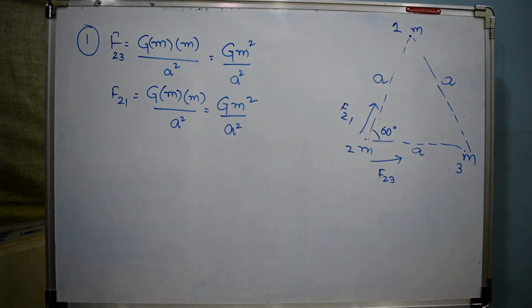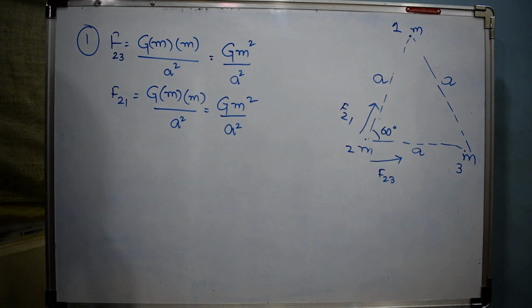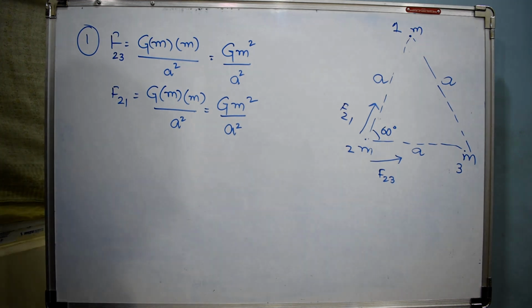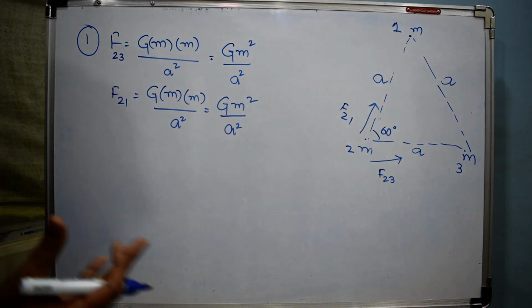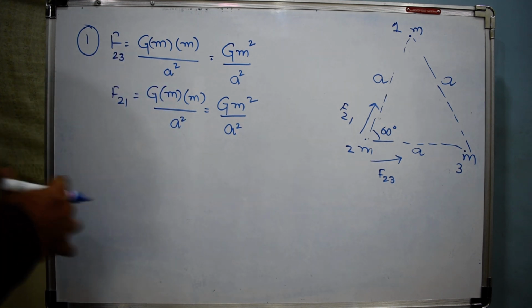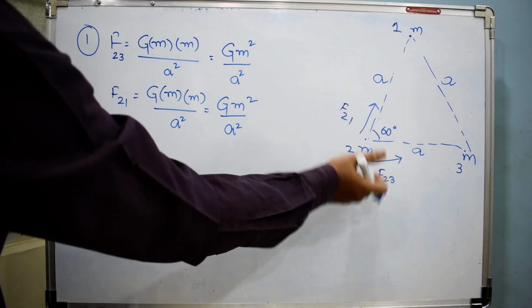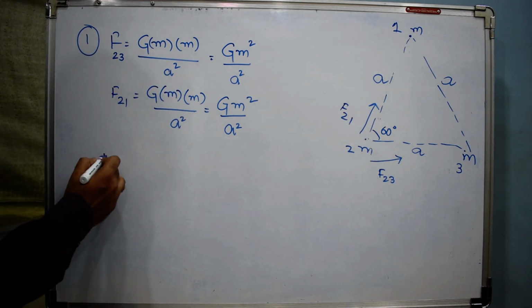Since we know the magnitudes of the two forces and the angle between them, we can find the resultant force acting on this mass by using the parallelogram law of vectors, which gives the magnitude of the resultant of these two vectors. Okay, let's assume the magnitude of the resultant as F2.